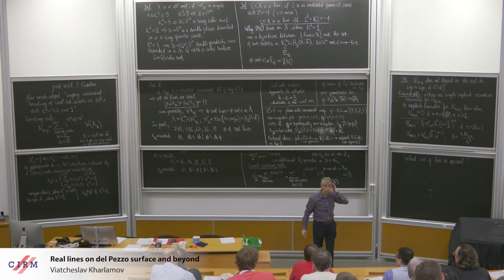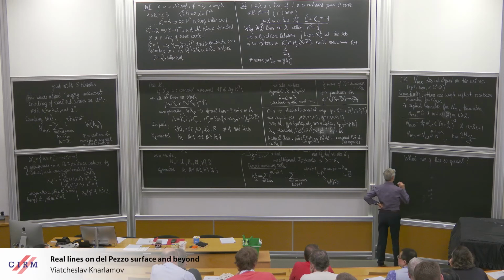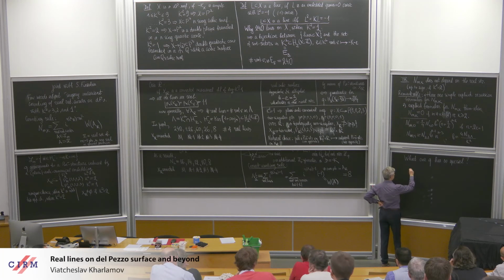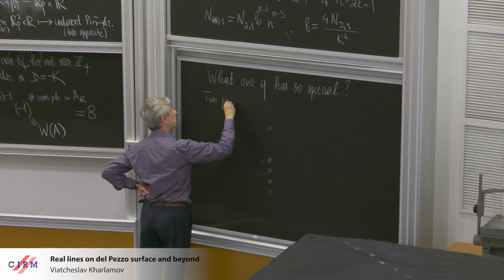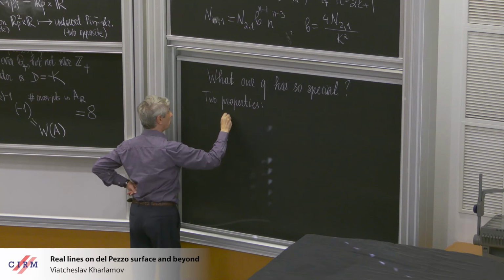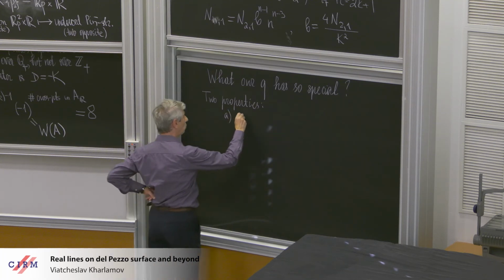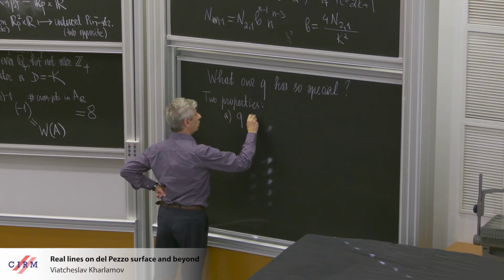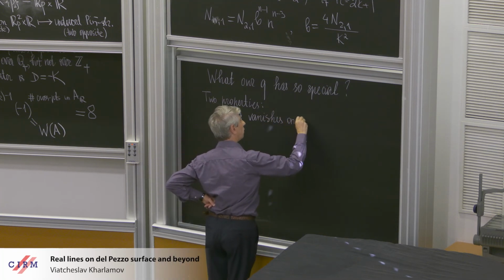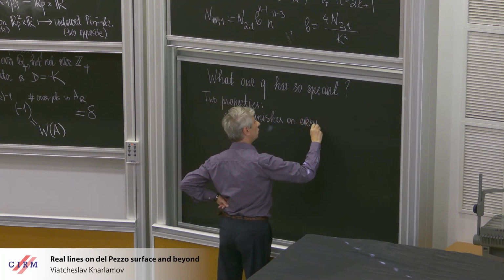Apparently, if I'm not wrong, the only main things which we use in the proofs are the following two properties. First, Q vanishes on every real vanishing cycle.